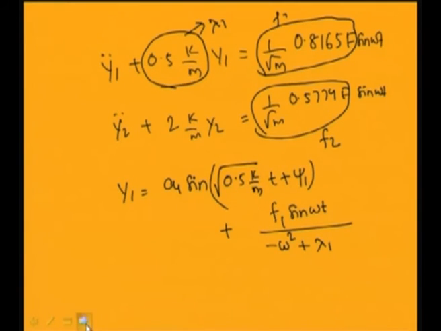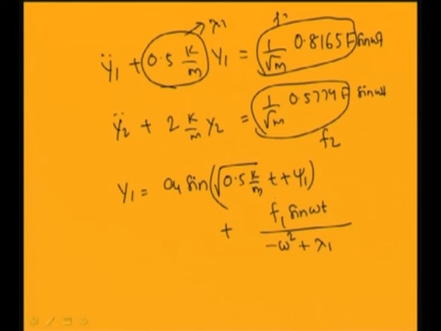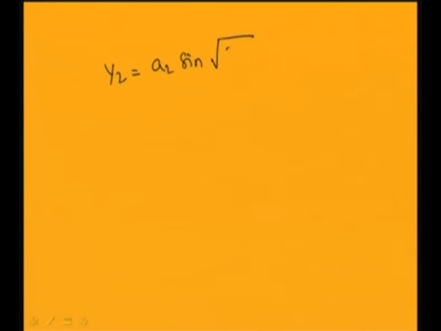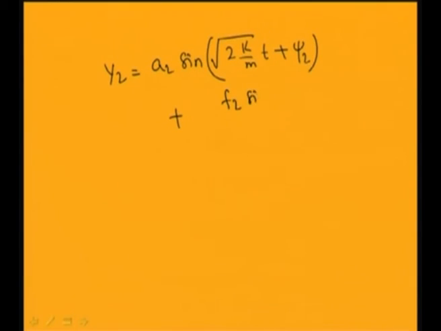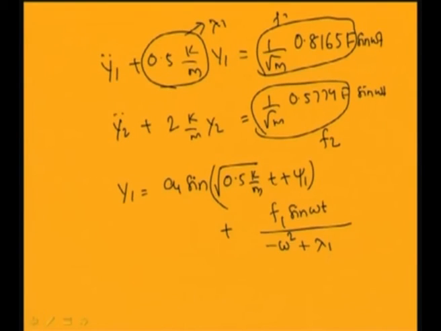Similarly, y2 can be written as a2 sin root over 2 k by m t plus psi 2, plus the particular integral part, f2 sin omega t by lambda 2 minus omega squared, where lambda 2 is equal to 2 k by m, and lambda 1 is equal to 0.5 k by m.